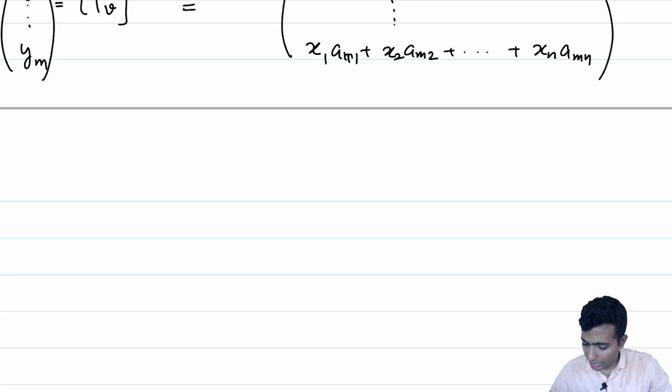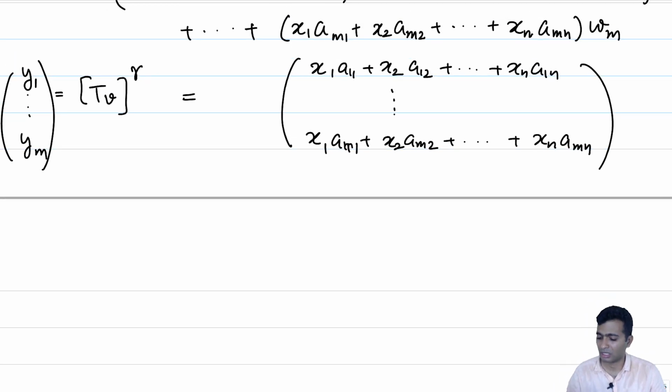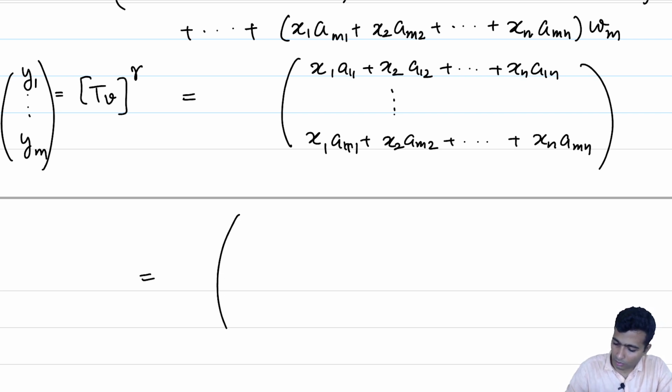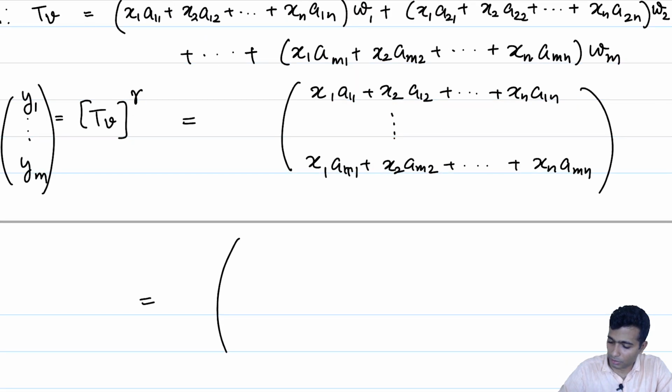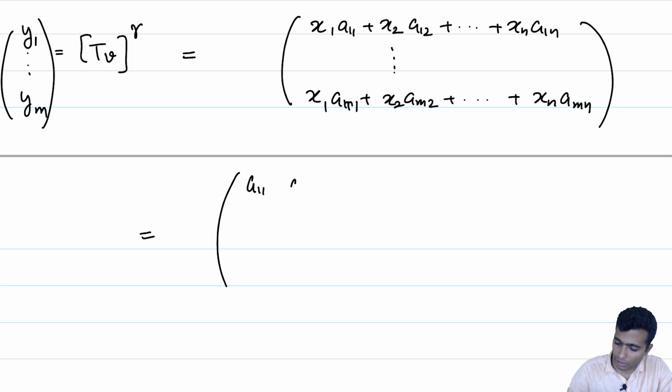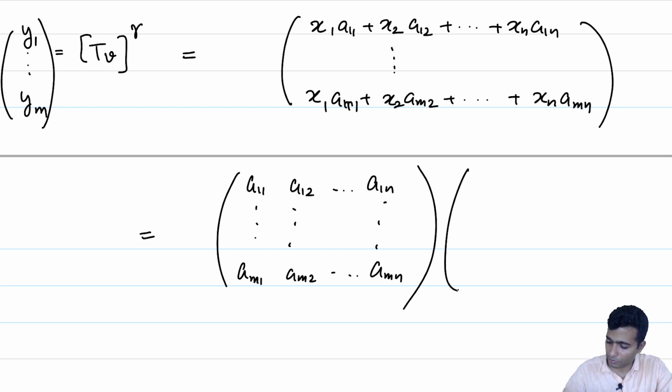The right hand side looks quite cumbersome, but if we recall our knowledge of how matrices multiply, we can write this as the matrix multiplication of the matrix with rows A11, A12, A1n down to Am1, Am2 up to Amn, times x1 up to xn.